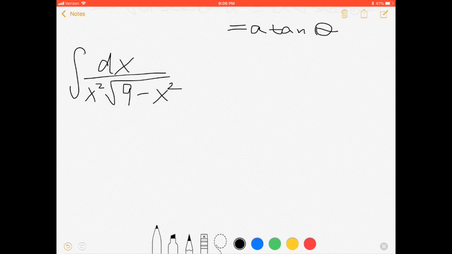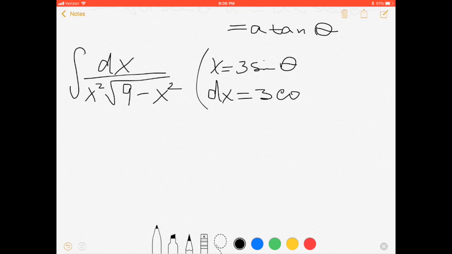This means here a square is 9, so a is 3, and this means x is 3 sine theta. Here we need to find the derivative, the differential dx. It will be 3 cosine theta d theta.